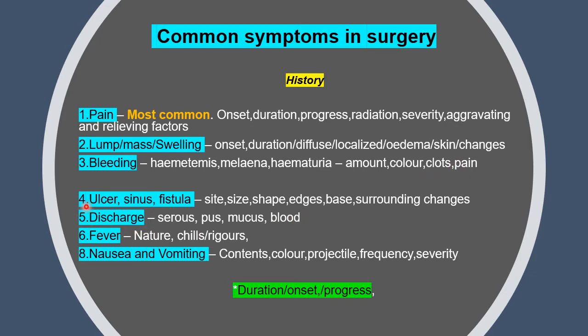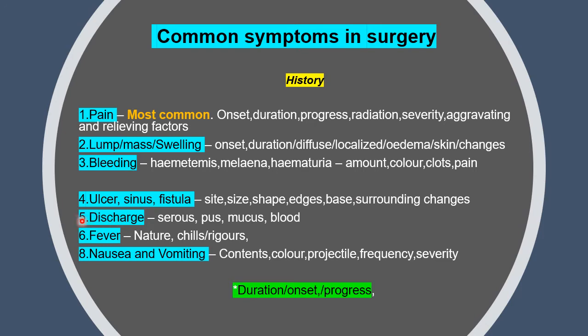Other less common presentations include ulcer, sinus, and fistula. For these symptoms, you have to ask for the site of the ulcer or fistula, the size, shape, edges, the base and the edges, especially in ulcers, and the surrounding changes in the skin.